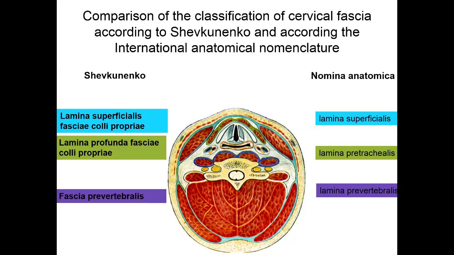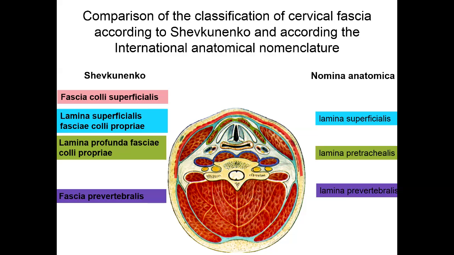But nevertheless, in classification of Shevkunenko, we can find also fascia colli superficialis, which isn't seen in international anatomical nomenclature. And according to international nomenclature, it is difficult to explain by what fascia musculus platysma is covered.